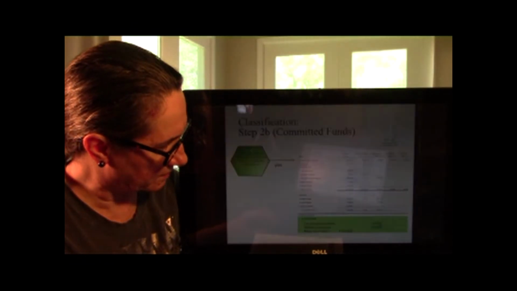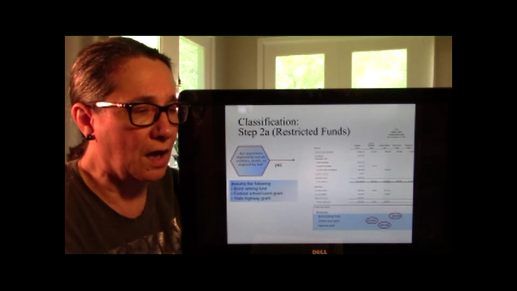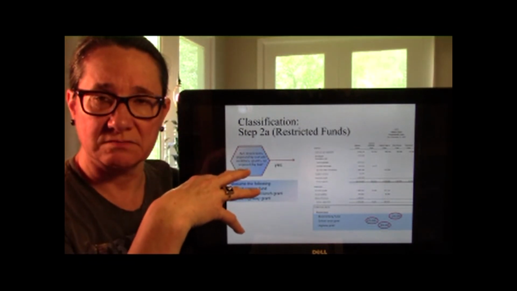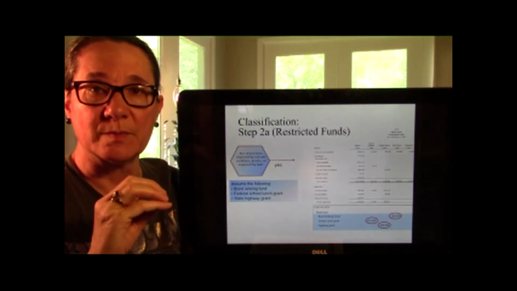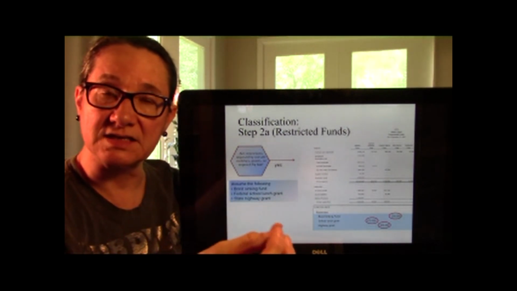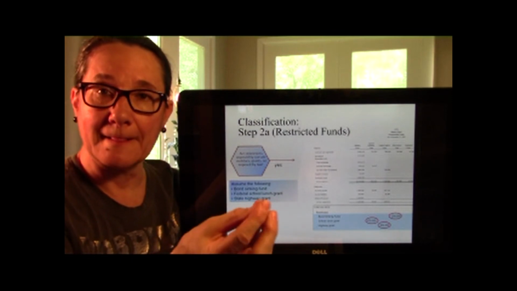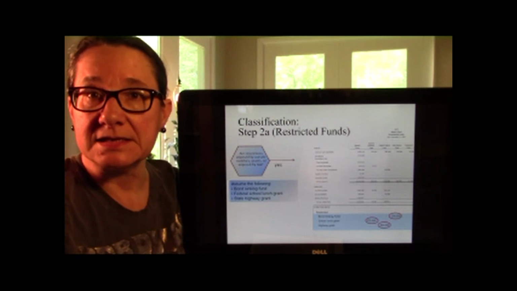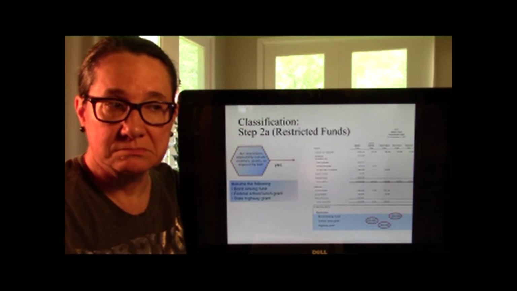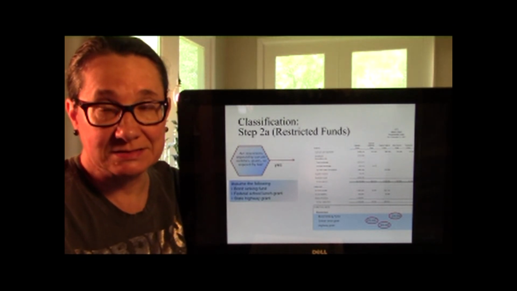Next, we ask ourselves, are there restrictions from outside? In other words, I'm Texas A&M Kingsville, but the state of Texas has given Texas A&M Kingsville the money to pay the dean's salary. Well, Texas A&M Kingsville has the cash.